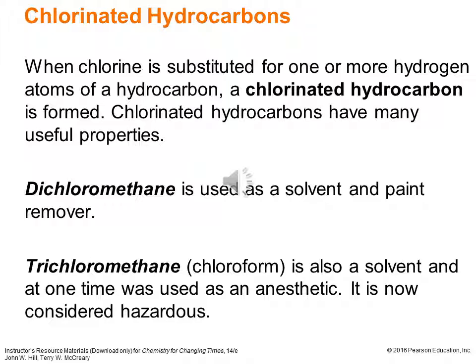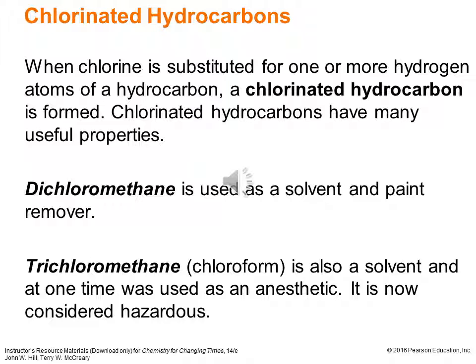A lot of the early refrigerants were chlorinated or fluorinated, or both chlorinated and fluorinated hydrocarbons. Dichloromethane has been used a long time as a solvent and a paint remover. Unfortunately, it's one of our known cancer-causing agents, so it is a carcinogen. We've tried to replace it most places.